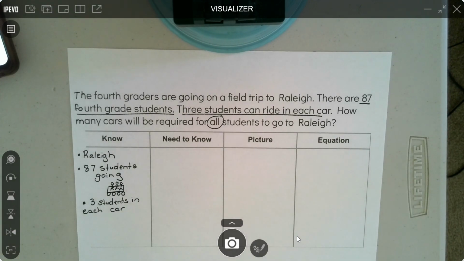So question here. What does the car represent? I'm going to give you about 10 seconds to maybe talk to each other. What do the cars represent? Go.